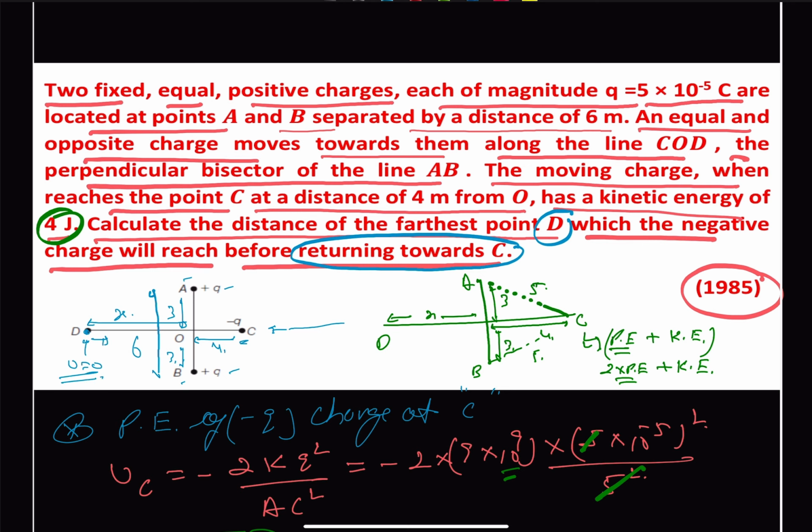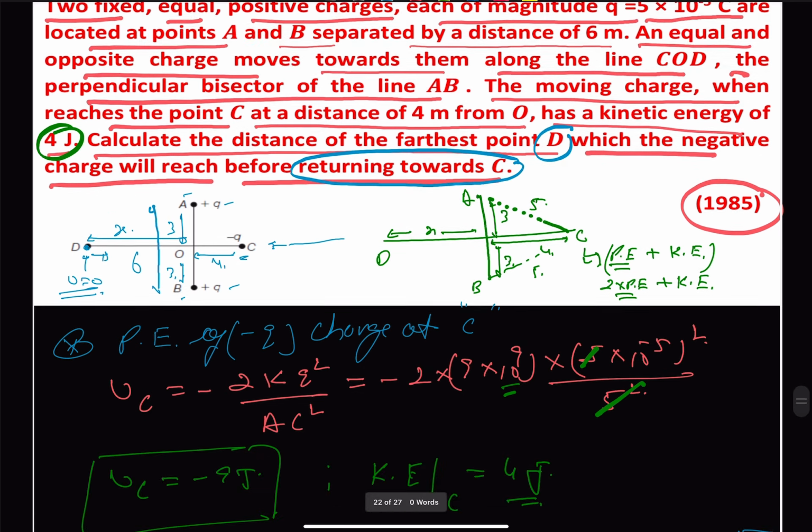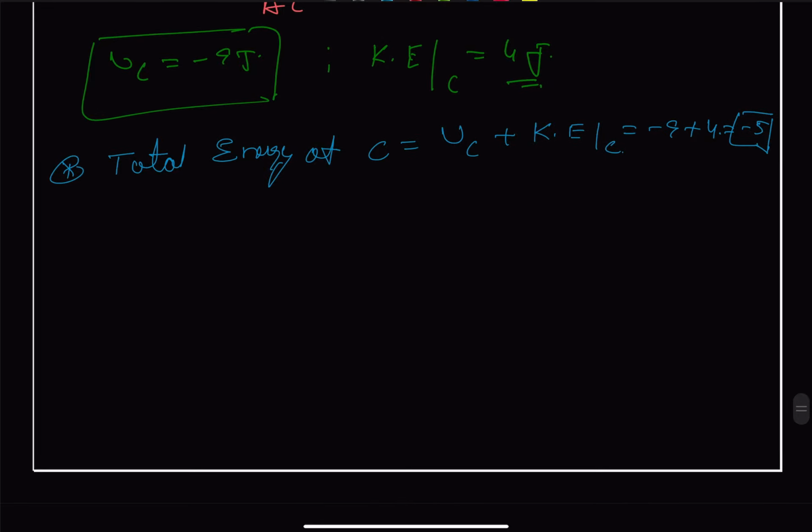Or we can say for a fraction of a second, the kinetic energy will be equal to 0 at point D. We can say that kinetic energy at point D will be equal to 0.